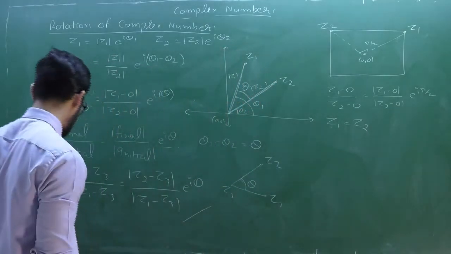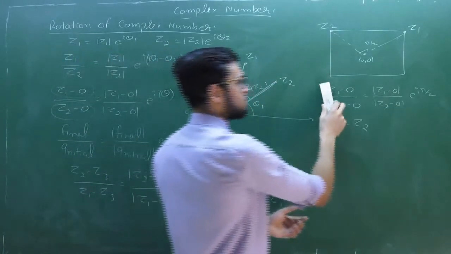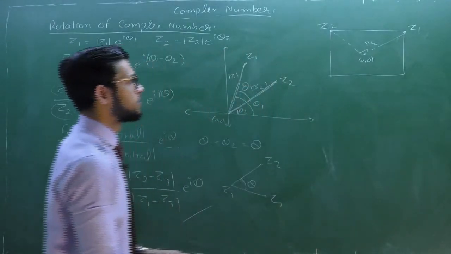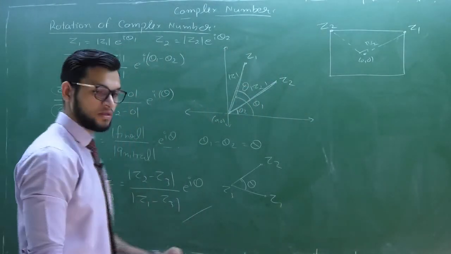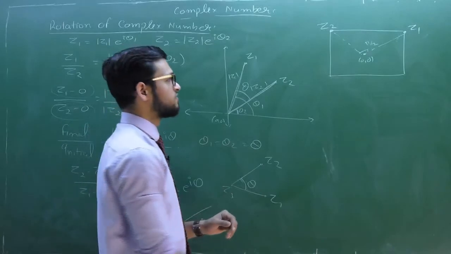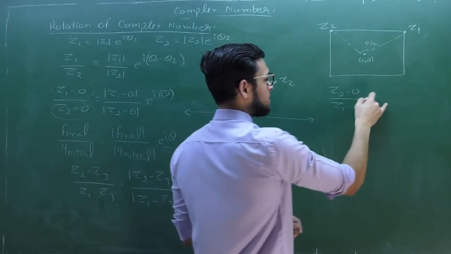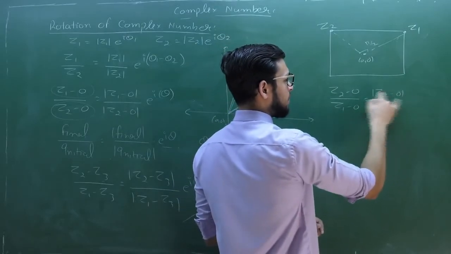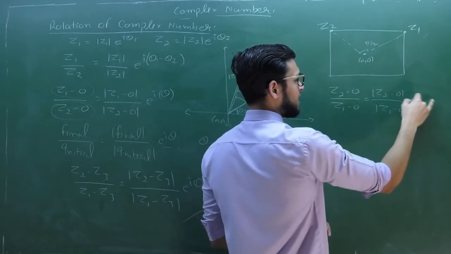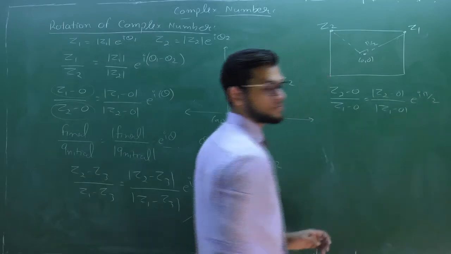Sorry, we just need to write final upon initial, not initial upon final. Final is z2 minus 0, initial is z1 minus 0, magnitude of final upon magnitude of initial and e to the power iota pi by 2.